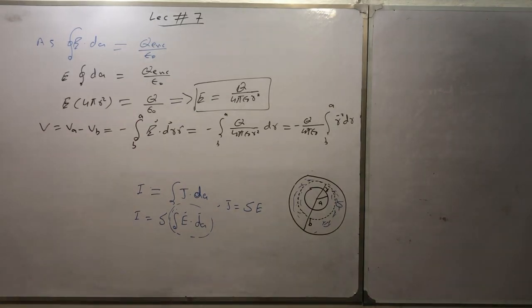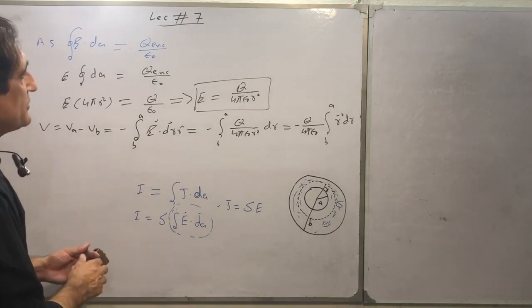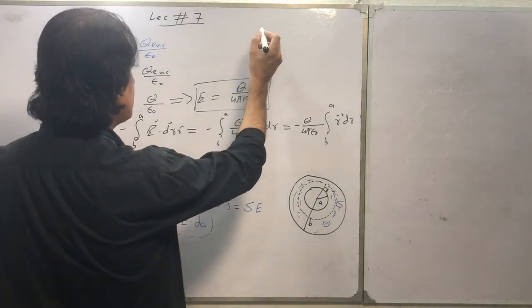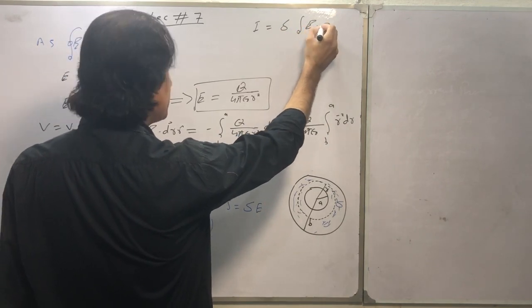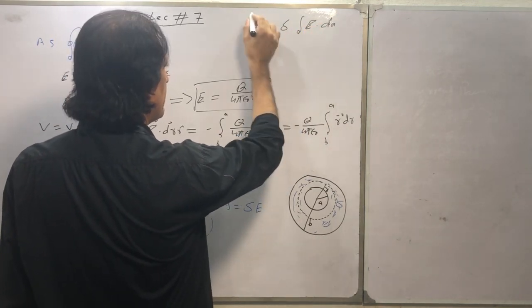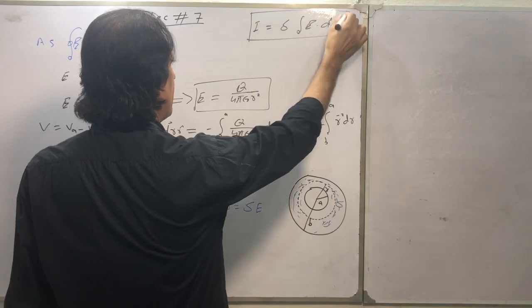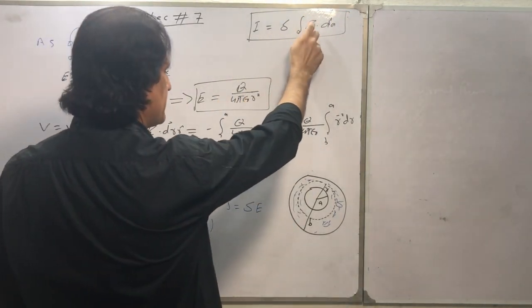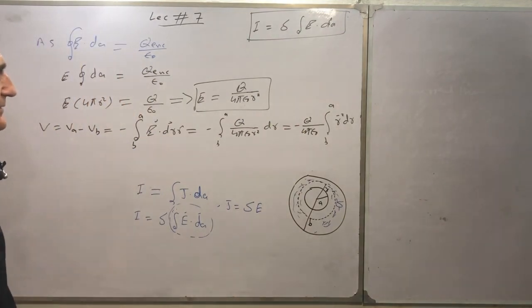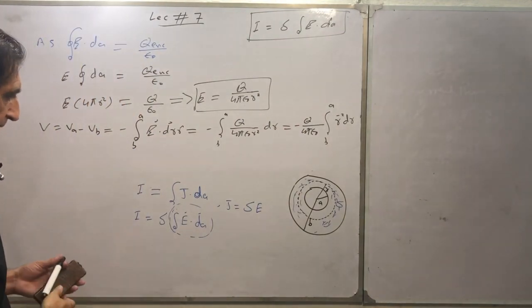We should also write this I, which is equal to sigma times the integral of E dot dA. We already have this equation, because we should put in the value and then we can find the electric current.